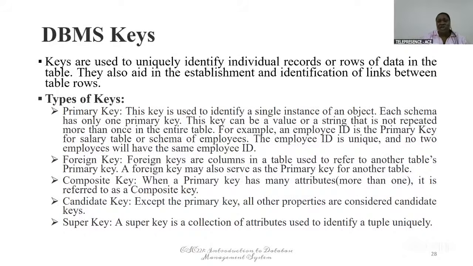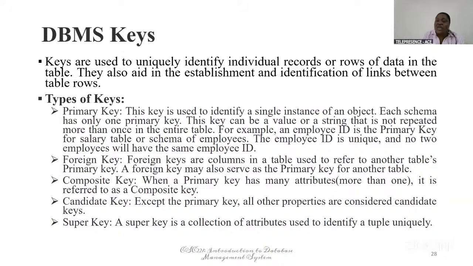Keys are used to uniquely identify individual records or rows of data in the table. You know, I mentioned earlier, I mentioned primary and foreign key. As a student, you must have an identification number, which is maybe your candidate's number, your matric number, your JAMB registration number.